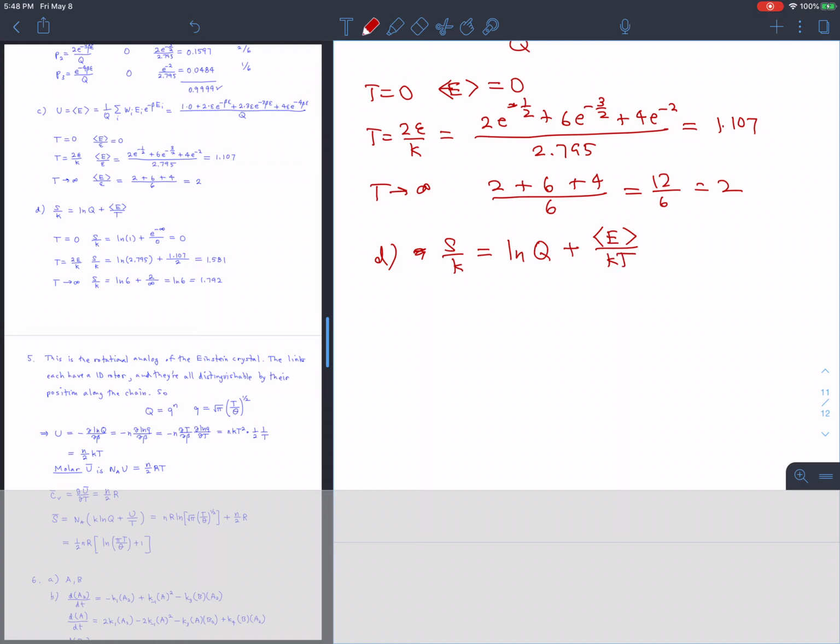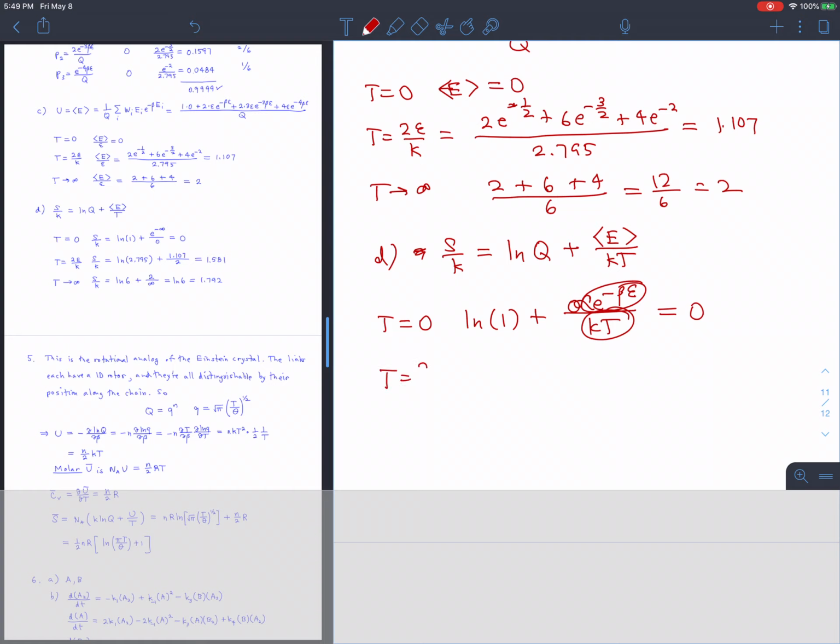So at T equals 0, the log of Q is equal to 1, so that's a 0. And the energy is equal to 0. And then energy goes down exponentially, right? It's proportional to e to the minus beta epsilon over kT. So this term wins over that one as things go to 0, and you just get 0.